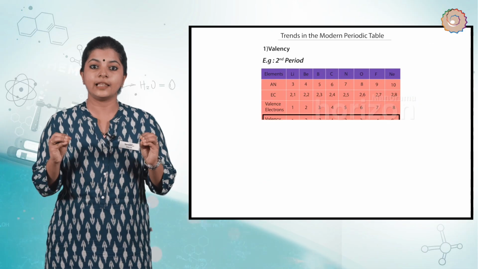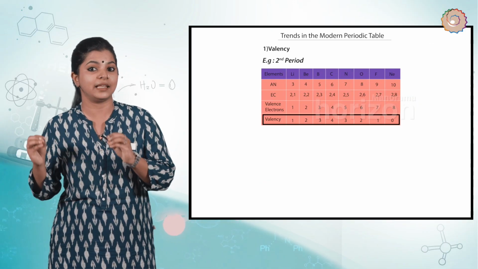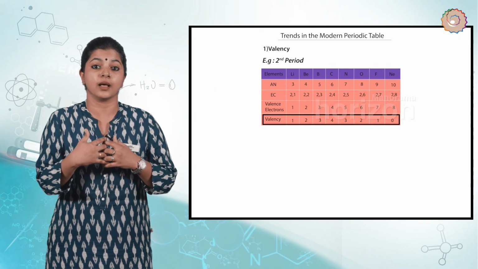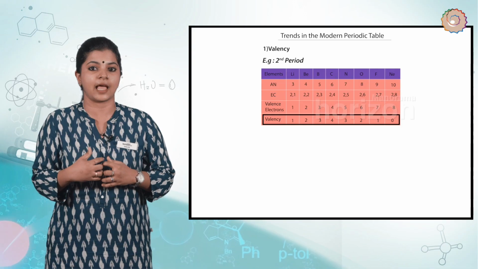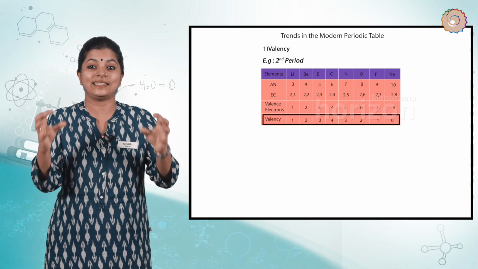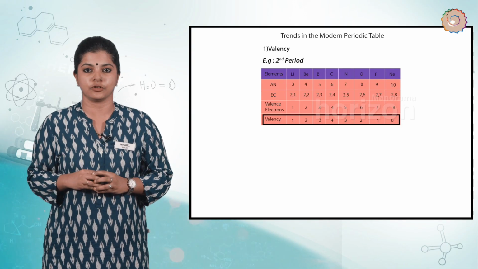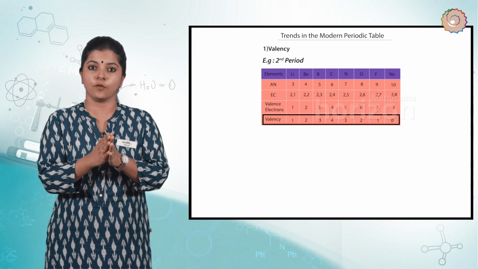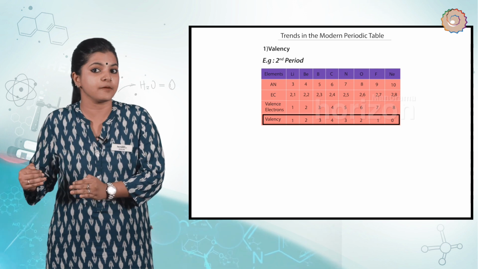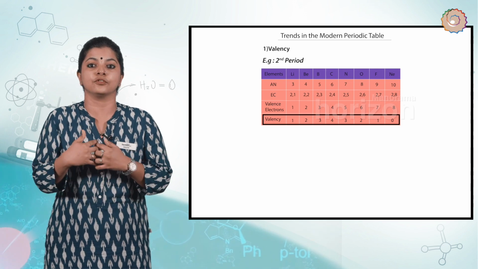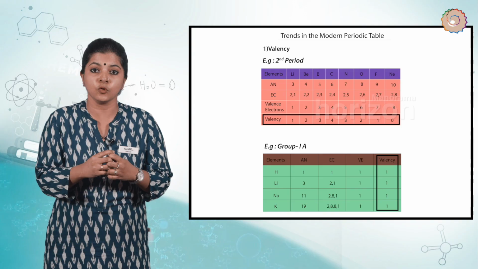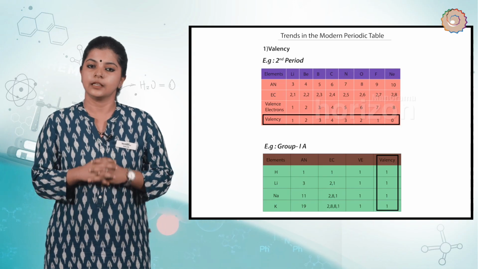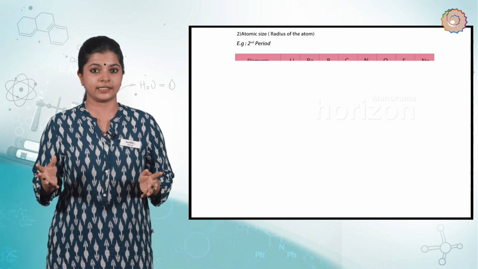As you know, the valency of an element is a measure of its combining capacity and can be defined as the number of electrons that must be lost or gained by an atom to obtain a stable electron configuration. In a period, the valency of the elements increases from 1 to 4 and then decreases from 4 to 0 from left to right, whereas in a group, the valency is the same for all the elements of the group.